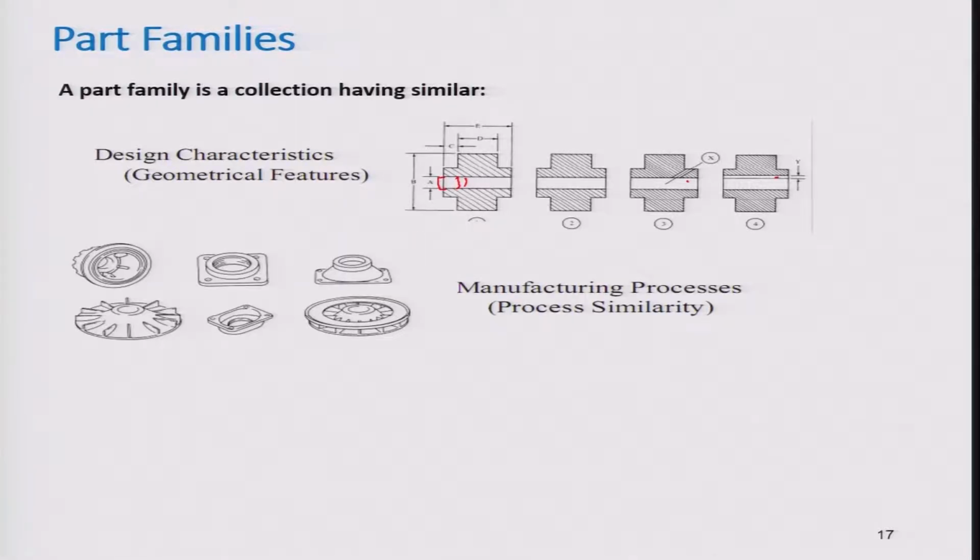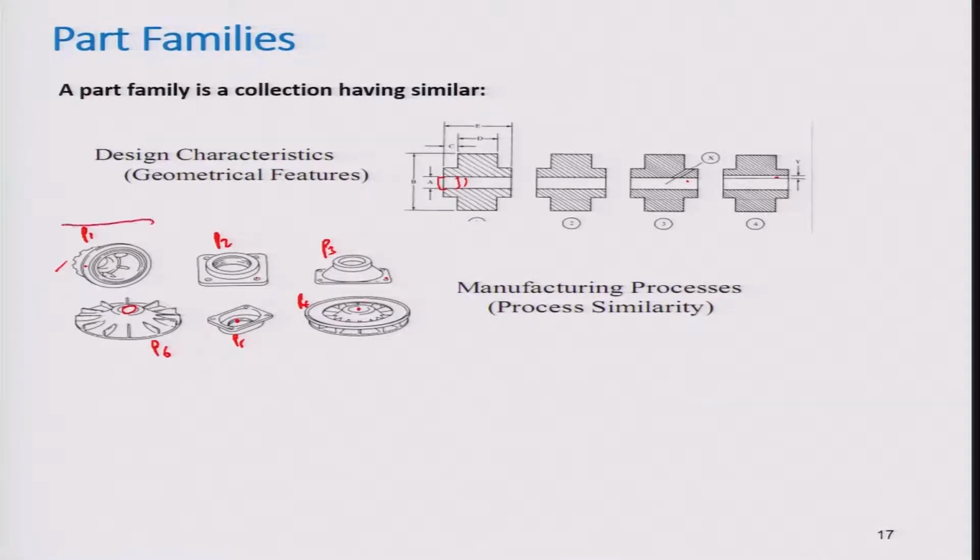Now the manufacturing process. Here you can see part 1, part 2, part 3, part 4, part 5, part 6, and each part requires a similar kind of process. Suppose you have to make a drilling in each part: drilling here, drilling here.